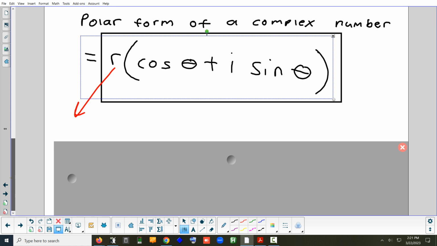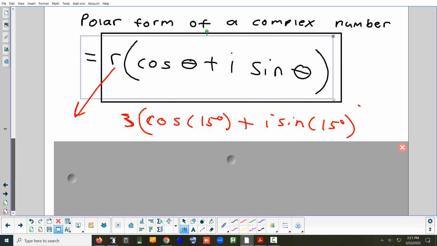What's going to look a little bit different is the final answer. That's how the final answer looks. Okay, I'm just making these numbers up. That is an example of a final answer. You don't do anything with that. You don't write it yet. You just leave it like that. The 3 and the 15, I just picked those numbers randomly.